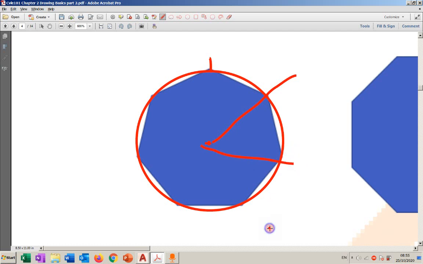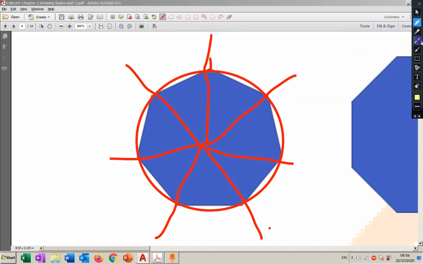Because we will divide this into equal angles, then we'll be able to connect those intersections. So you divide this into equal angles, then you use lines to connect those intersections to give you the polygon. You realize that this is not an easy task to do by hand.